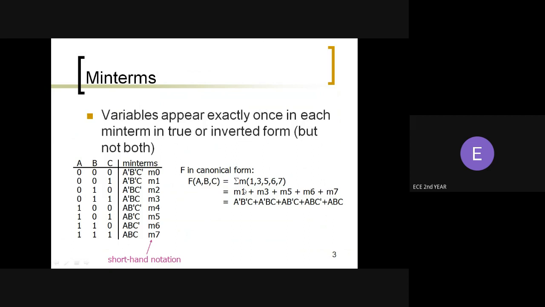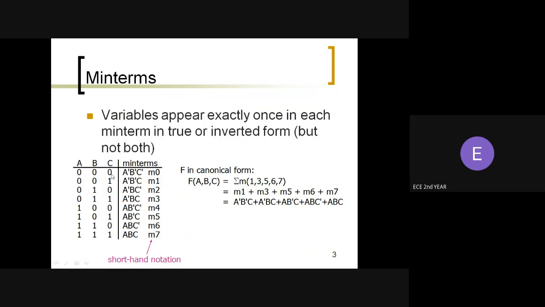And if you want to see what m1 is, you see here for A, B, C, the possible inputs are written starting from 000 to 111. That is 000, 001, 010, 011, 100, 101, 110, 111. And the numbers for all these inputs are given here separately.